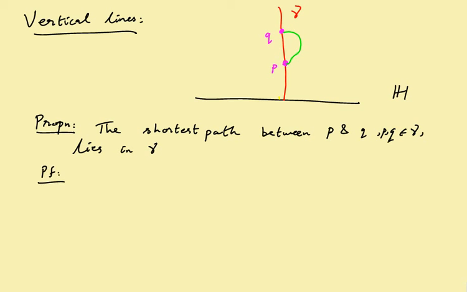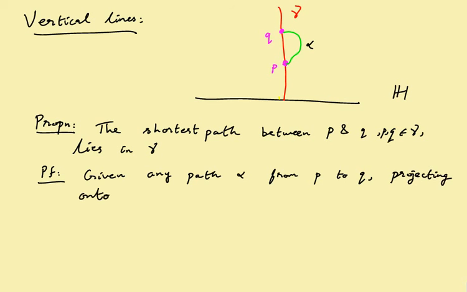And the proof is that if given any path, let me call this something alpha from P to Q, projecting onto the line, onto gamma, shortens it. Now by shortens it, I mean in the weak sense, that is, if it was already on the line, it does not actually shorten it, strictly speaking, it keeps it the same length. Okay, so let's project it this way.